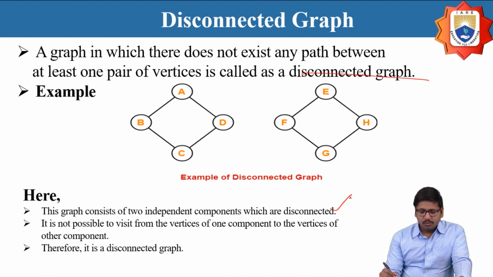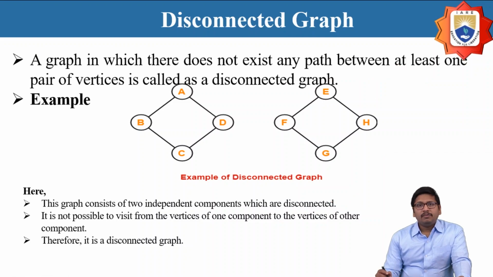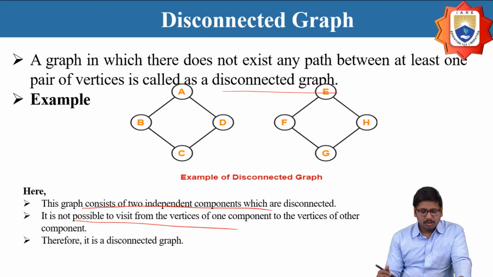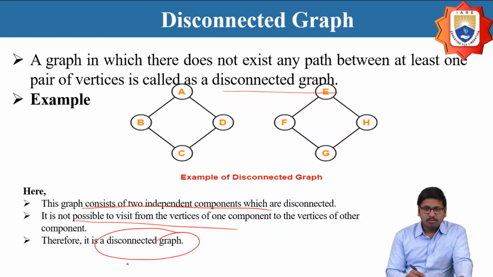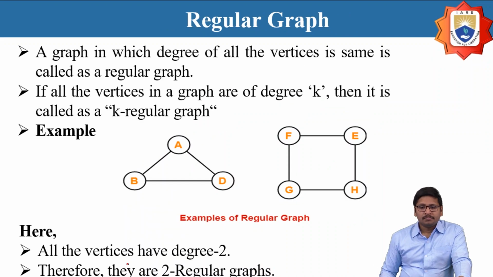The graph consists of two independent components which are disconnected, and it is not possible to visit from the vertices of one component to the vertices of the other component. So a graph that does not contain any path between at least one pair of vertices is called a disconnected graph. So this should be called a disconnected graph.